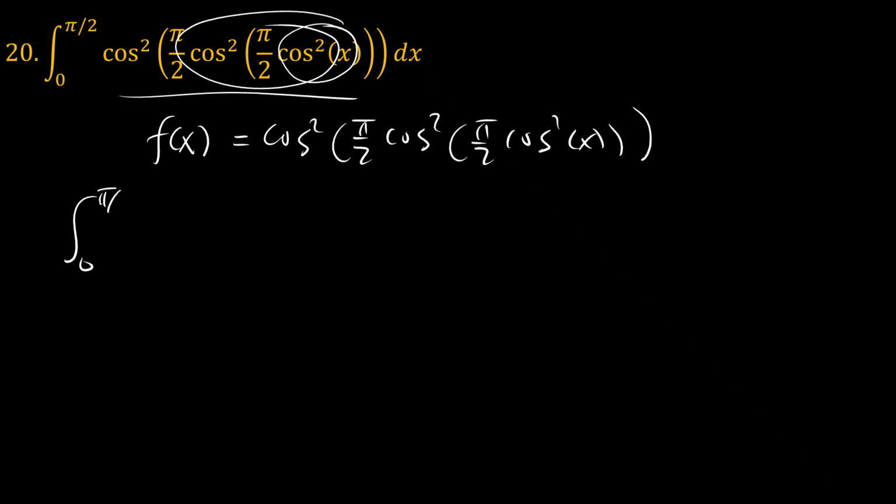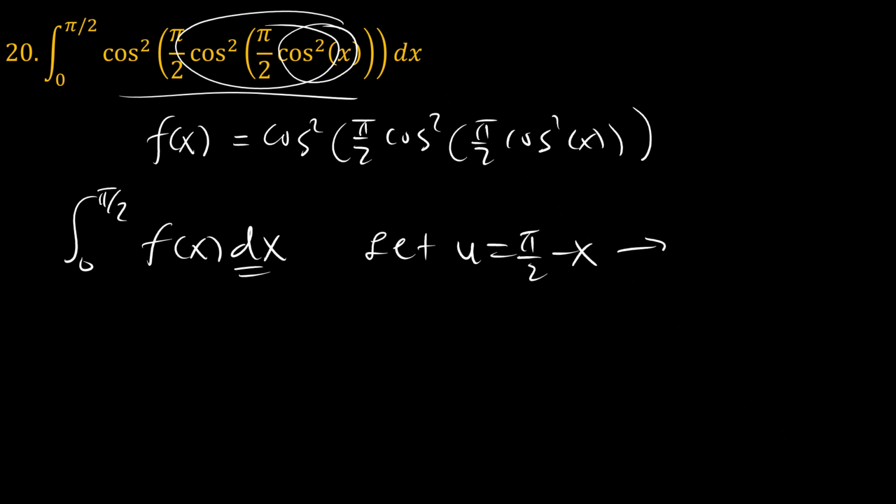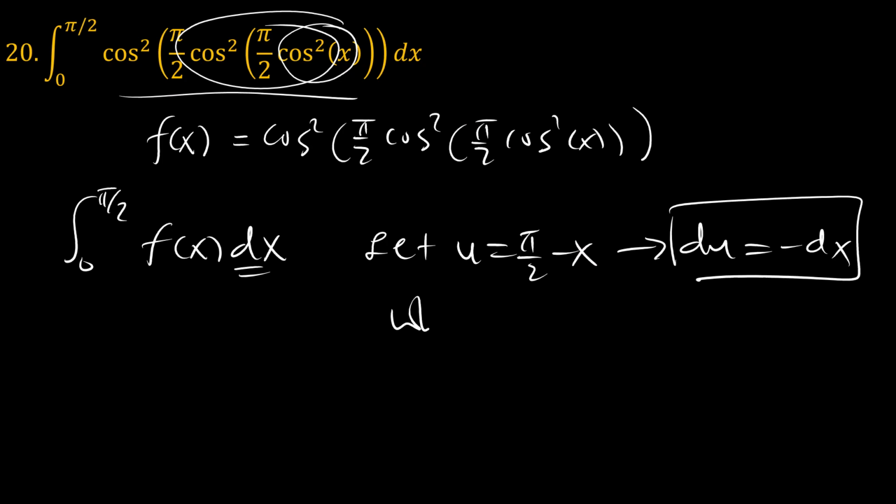and so since there are no discontinuities, it's just safe for us to say if this is our integration and we say let u be equal to pi over 2 minus x, this means that du can be used to substitute for negative dx, and when x is equal to 0, u equals pi over 2.